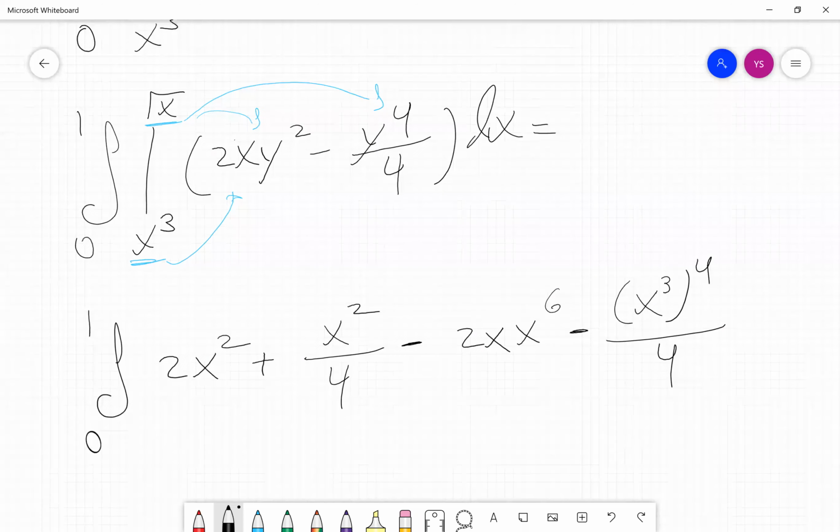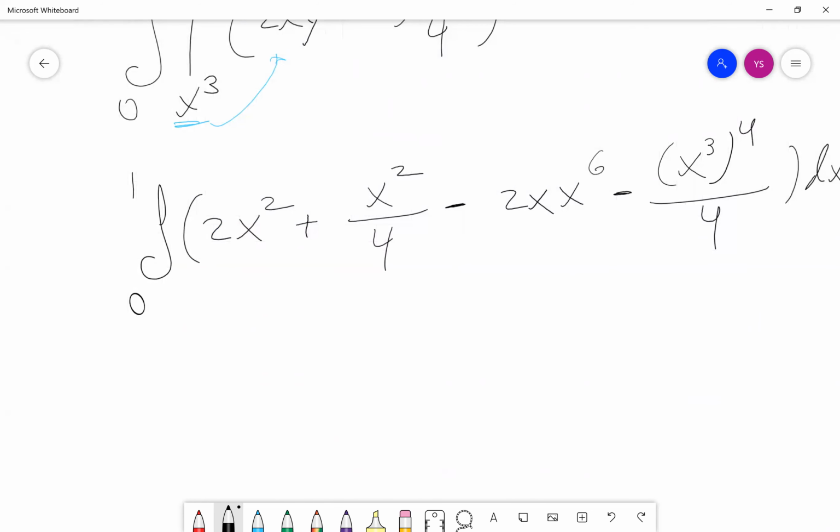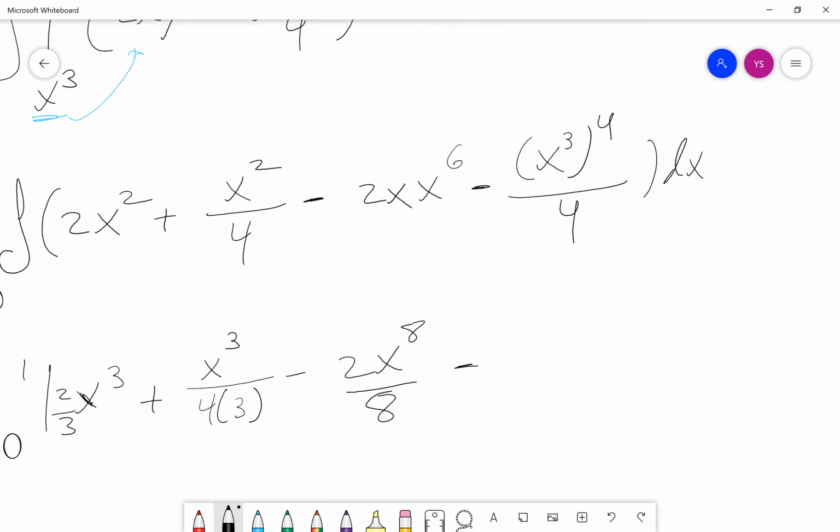Okay, and now everything here is given in terms of just x. So we can take the second integral and we get bounds from 0 to 1, 2 over 3, x cubed plus x cubed over 4 times 3 minus 2x to the 8th power over 8 minus x to the 13th power over 4 times 13.